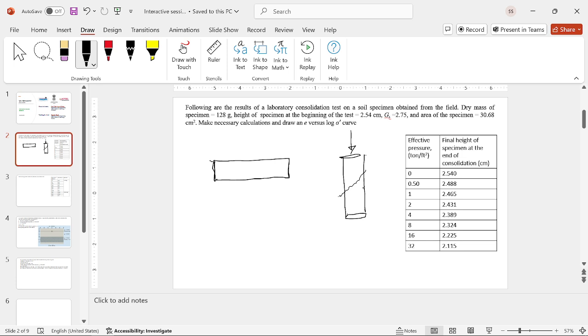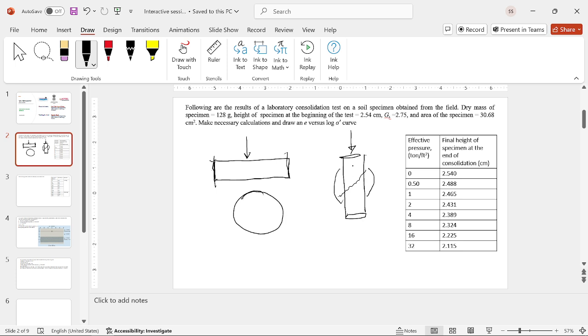But in the oedometer test, we want uniaxial loading. These two faces are confined because we don't want any lateral movement. We want displacement only in this direction. So it's a ring type of thing.